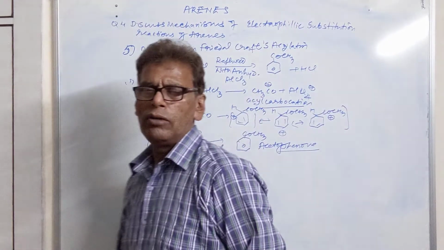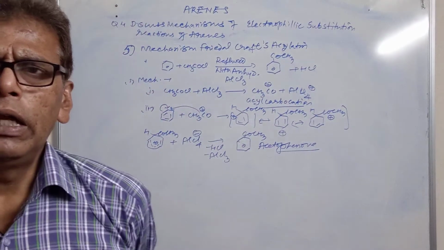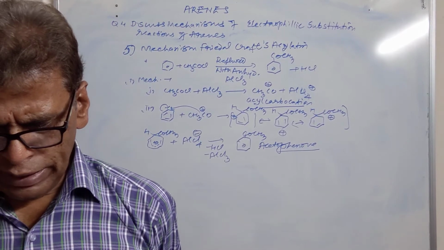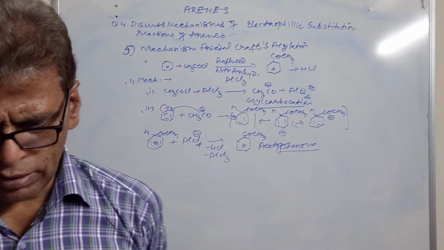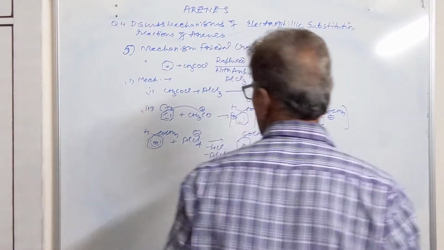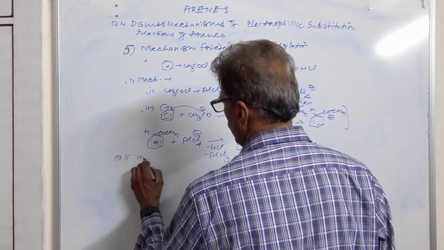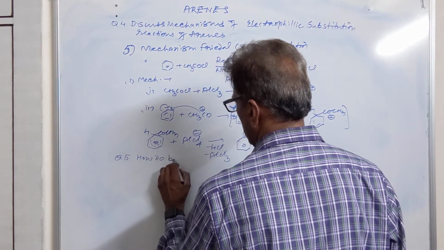So these are the mechanisms of electrophilic substitution reactions in benzene. Then we have one more reaction, that is combustion of benzene. If benzene is ignited, how does benzene burn?